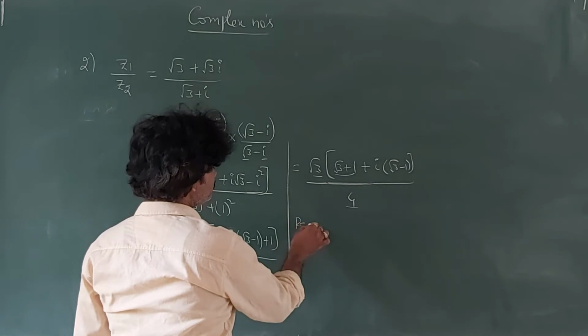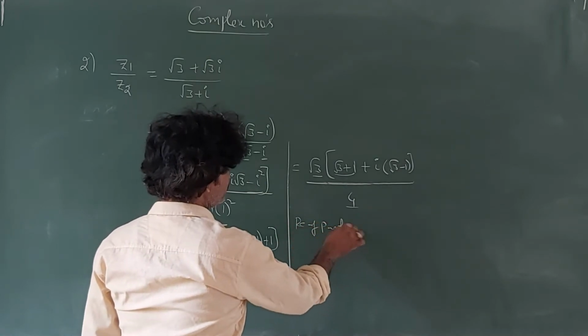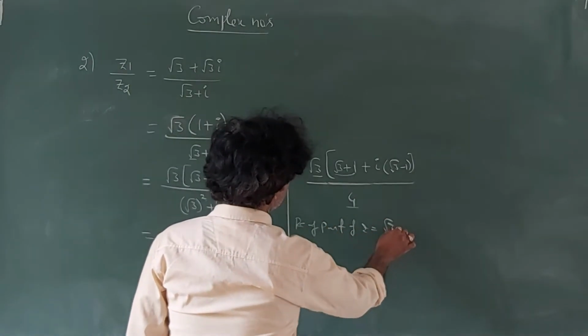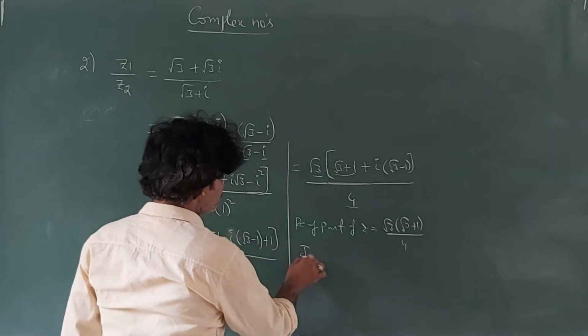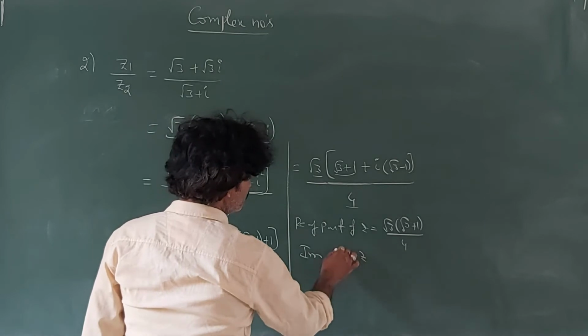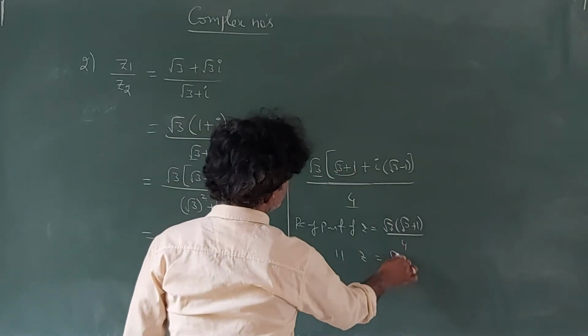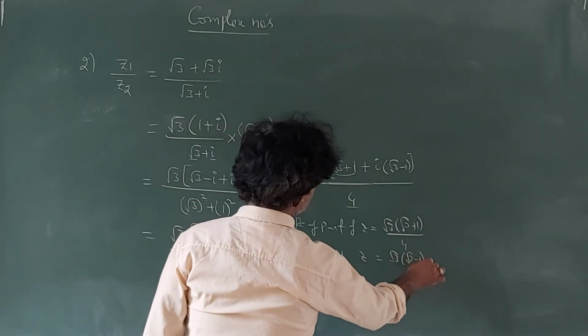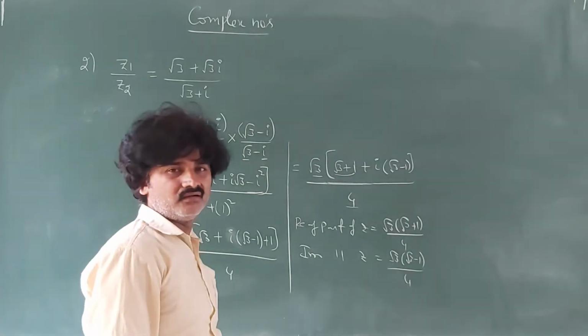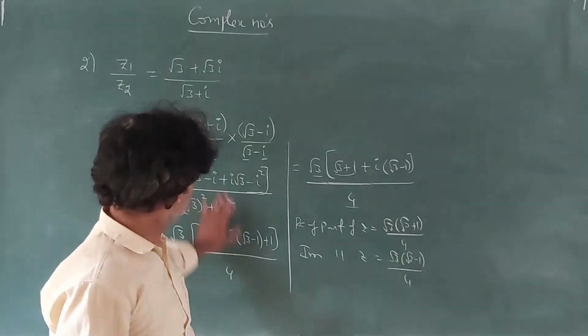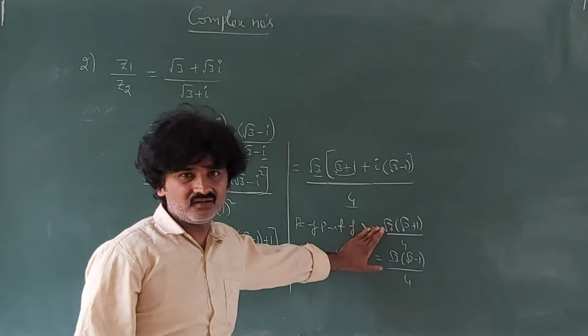So the real part of z equals root 3 into root 3 plus 1 by 4. Then what is its imaginary part? The imaginary part equals root 3 minus 1 by 4. Actually they didn't ask for the real part and imaginary part, but I am simply writing till here, understood.